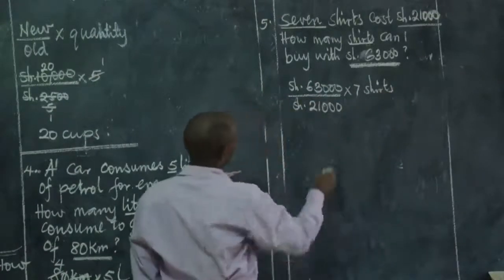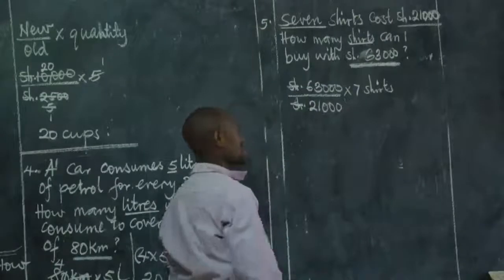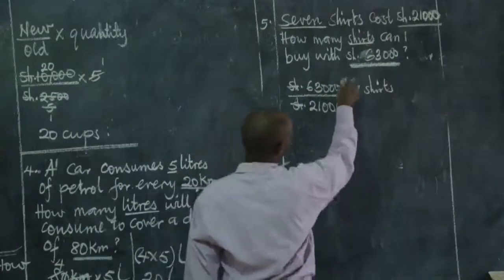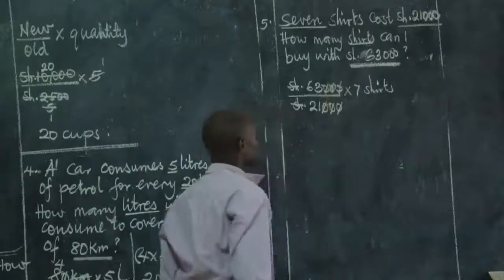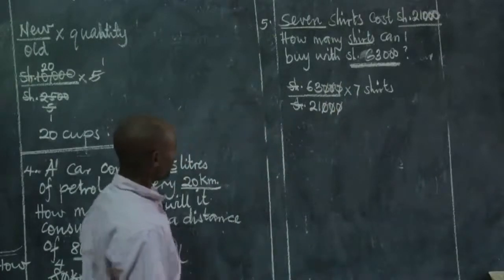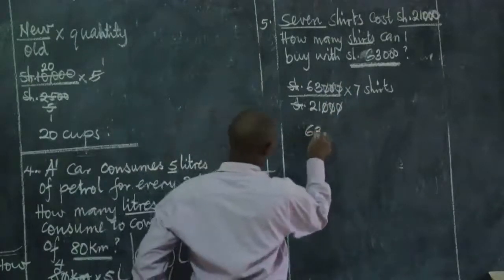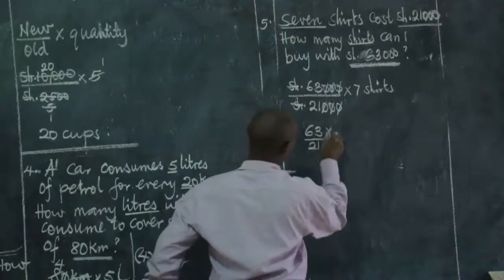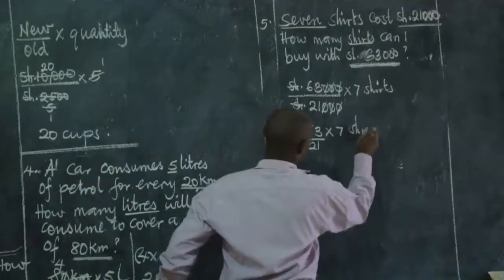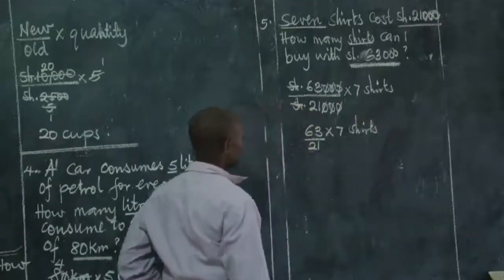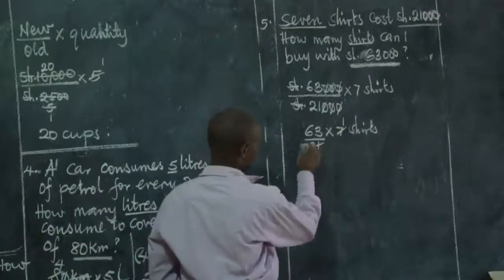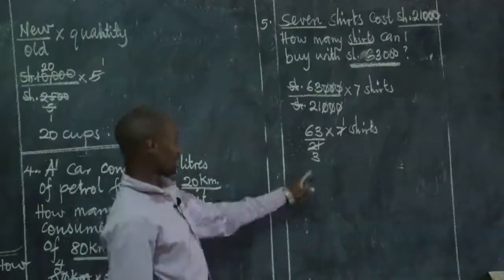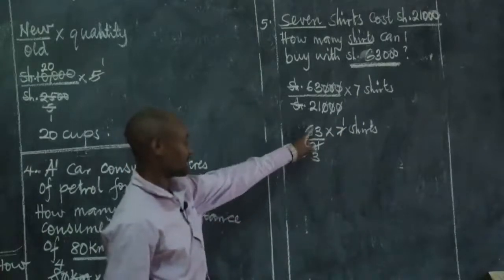Okay? Shillings will go with the shillings, so I don't have shillings. This 0 with this one, this one with that one. So I have remained with 63 out of 21 times 7 shots. Okay? We can reduce. Divide by 7 once. Divide by 7, 3. So it means I have to reduce 3 in 63.